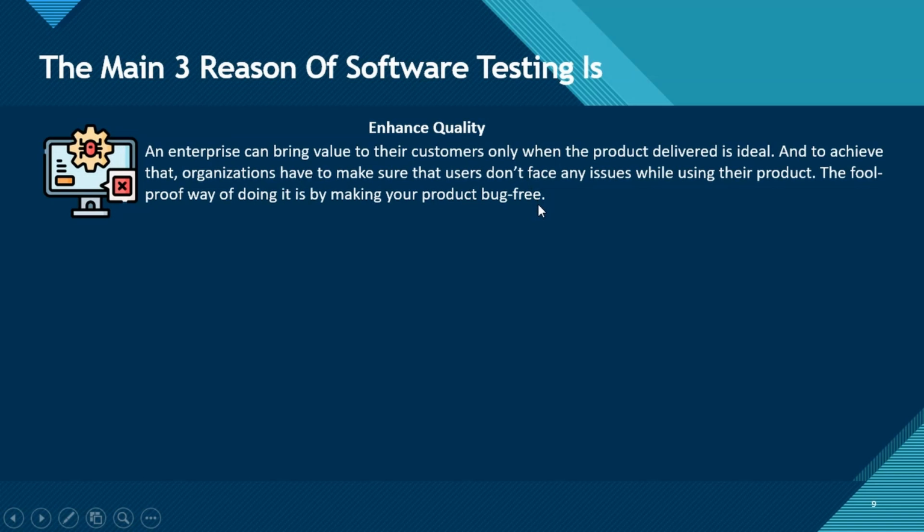Enhance quality. An enterprise can bring value to their customers only when the product delivered is ideal. To achieve that, organizations have to make sure that users don't face any issue while using their product. The foolproof way of doing it is by making your product absolutely bug free.